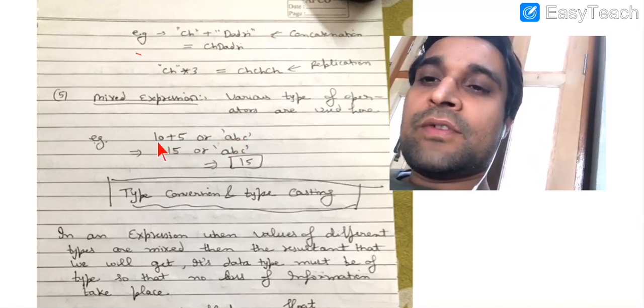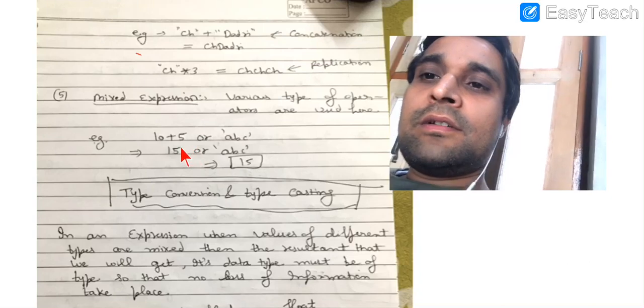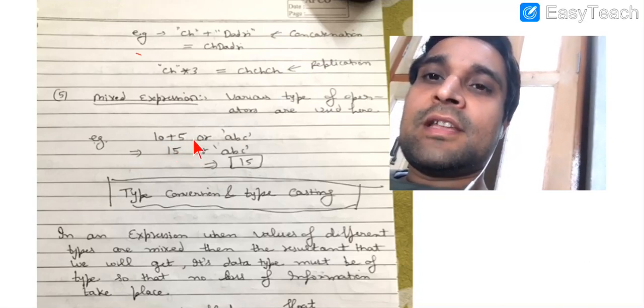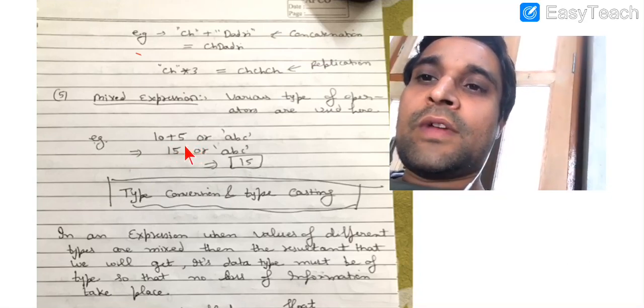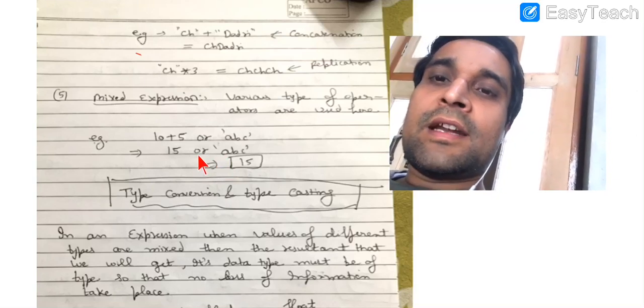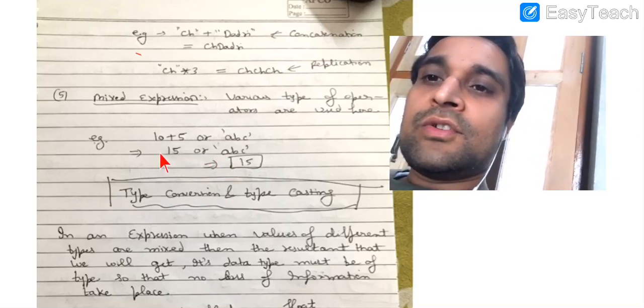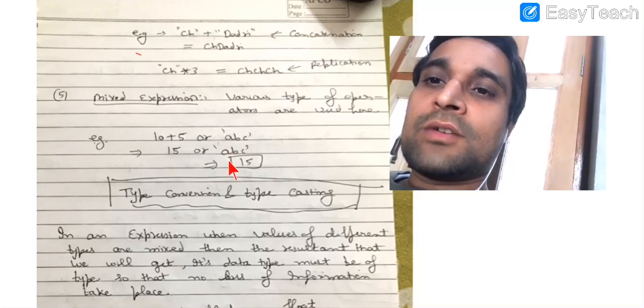Suppose in our example we have written 10 plus 5 or ABC. You know that arithmetic operators have more precedence than logical operators in Python. So, this part will be evaluated first, 10 plus 5 is 15. Then 15 or ABC. In OR we get the result as true if any of the conditions is true, and our first condition is true, so we are not going to check the next part, and we are getting the result as 15.